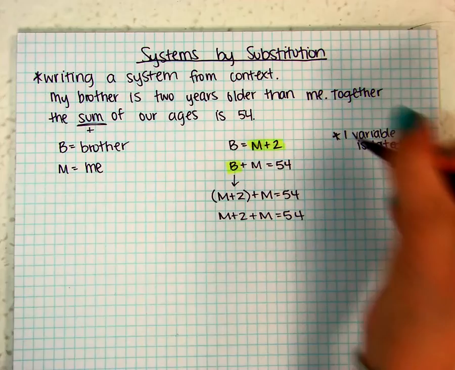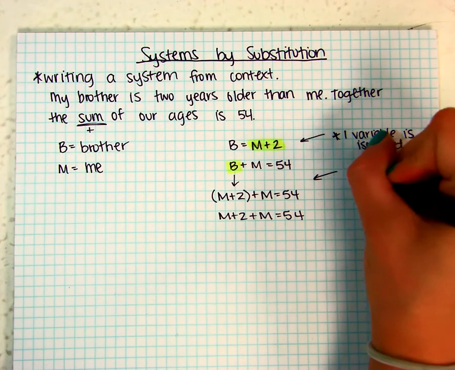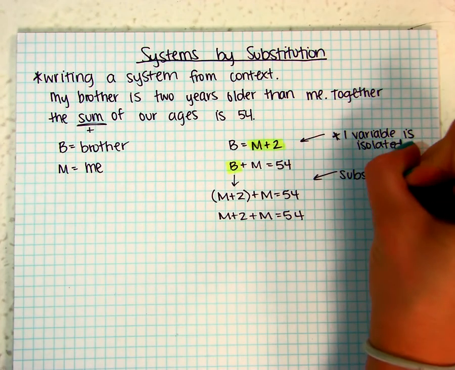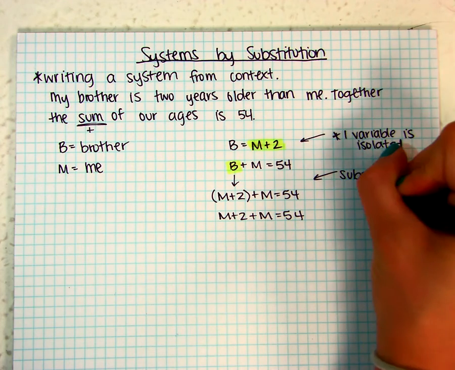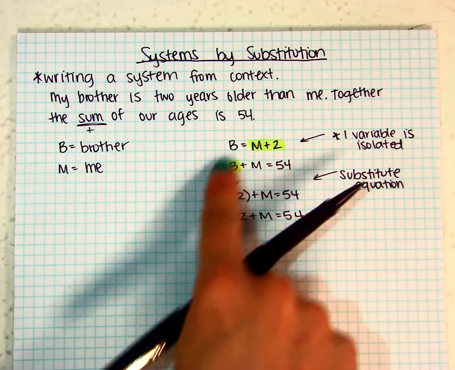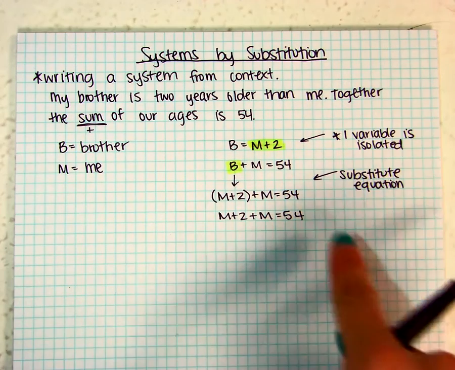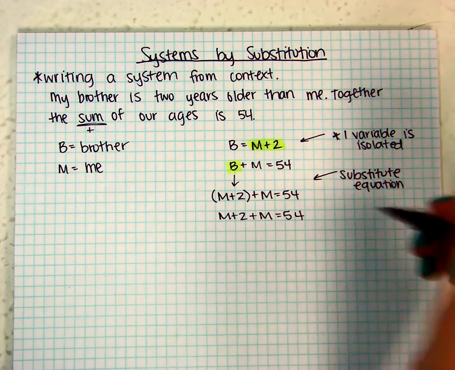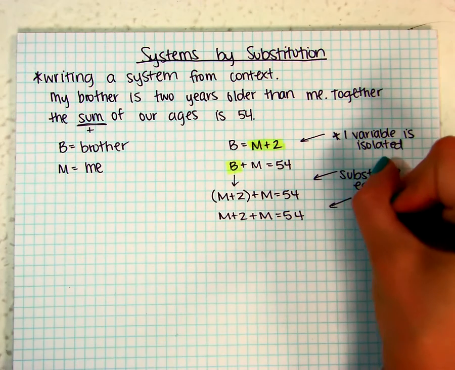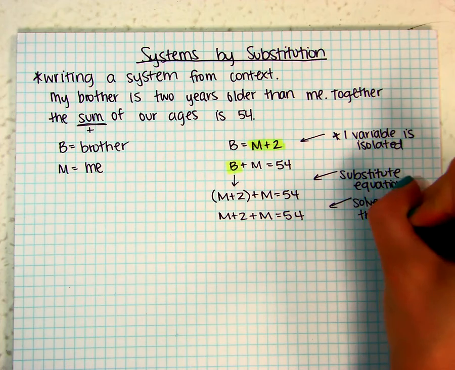And then we need to substitute an equation. It's not just a number anymore. We're substituting this whole thing, and we do that so that we have the same letter. Then we're going to solve for the variable.